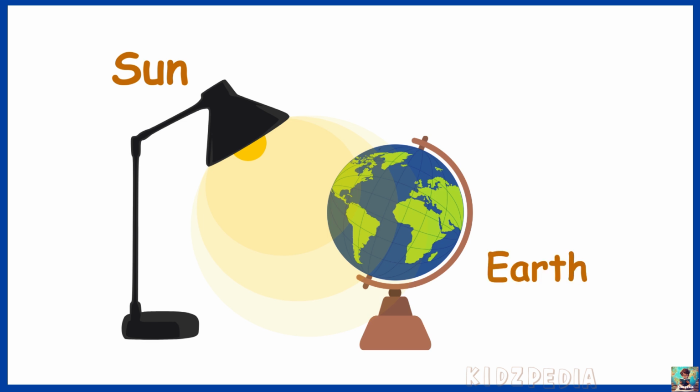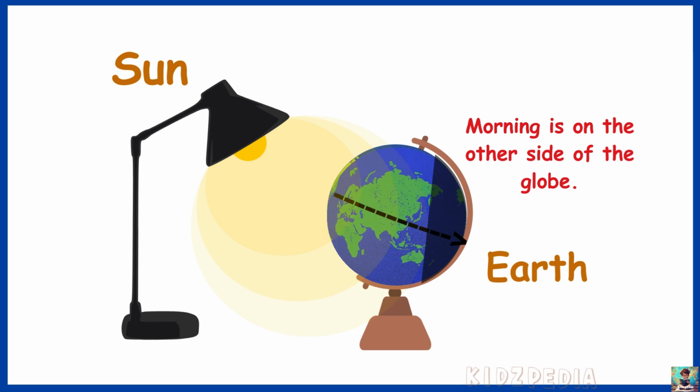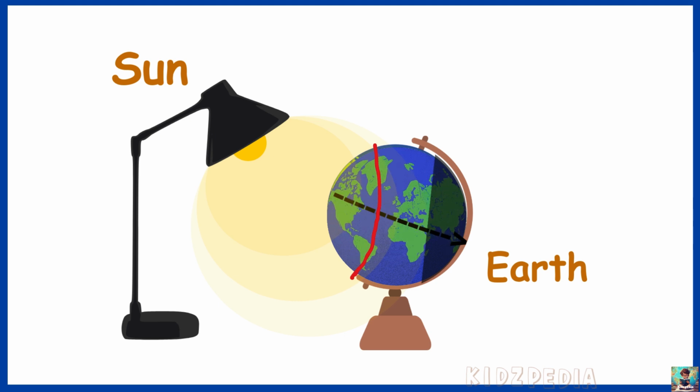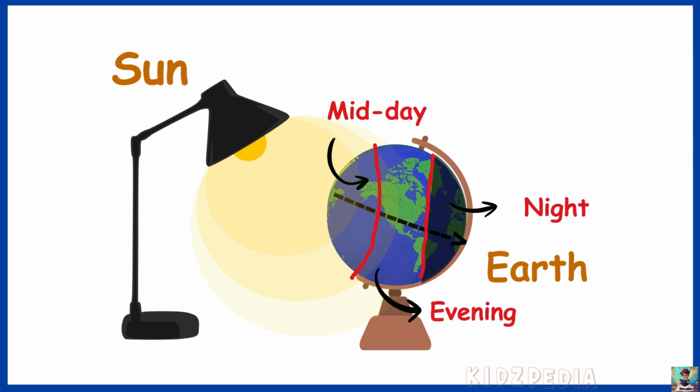Now, if you slowly turn the globe eastward, the same direction the Earth spins, you will notice for some places it's morning because the light is just beginning to fall there. The sun is rising in those places. For others, it's midday because they are facing the lamp directly. This is where the sun is highest in the sky. For some, it's evening or night because the light is moving away or not reaching them at all. These places are in shadow, just like night on Earth.